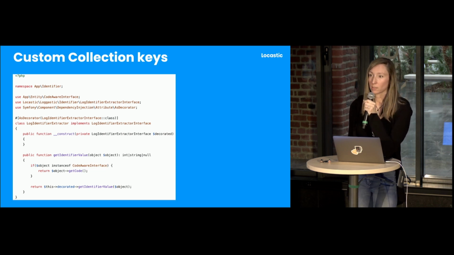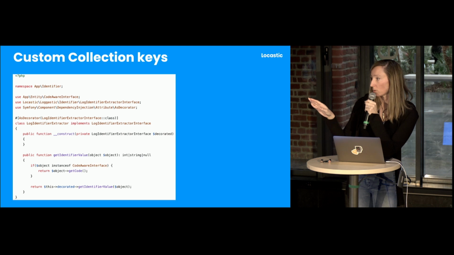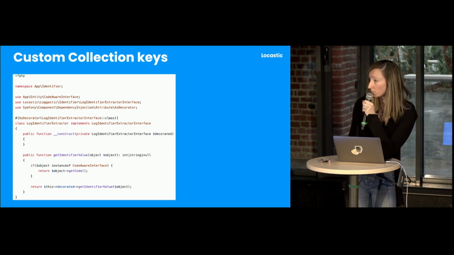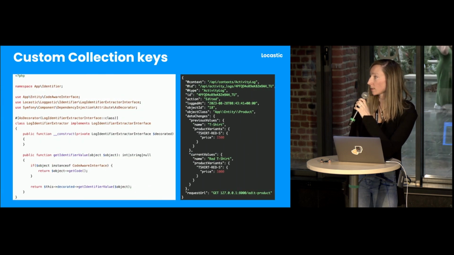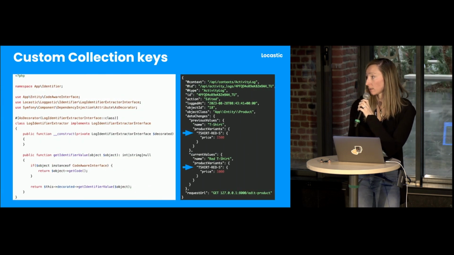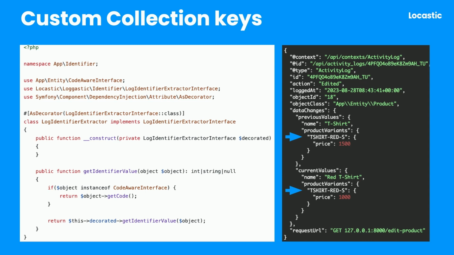The code is usually something like a slug, and it's much more readable, and it has better info on what the object is. And if not, you can just call the base decorated method. And now you will have something like this. So now you can see that the t-shirt with the color S and the size small changed its price.